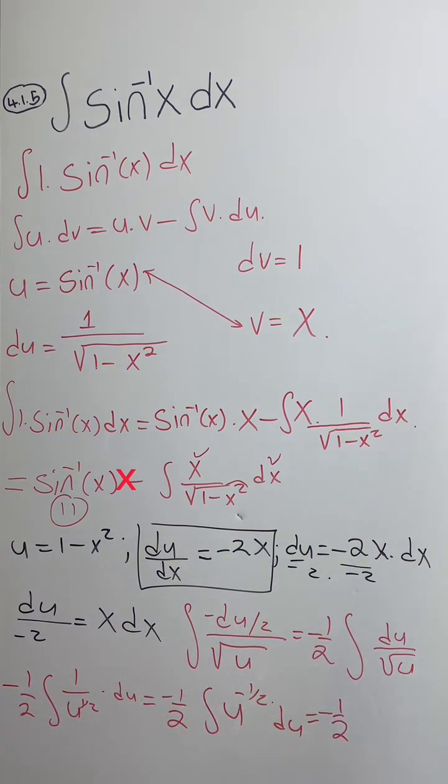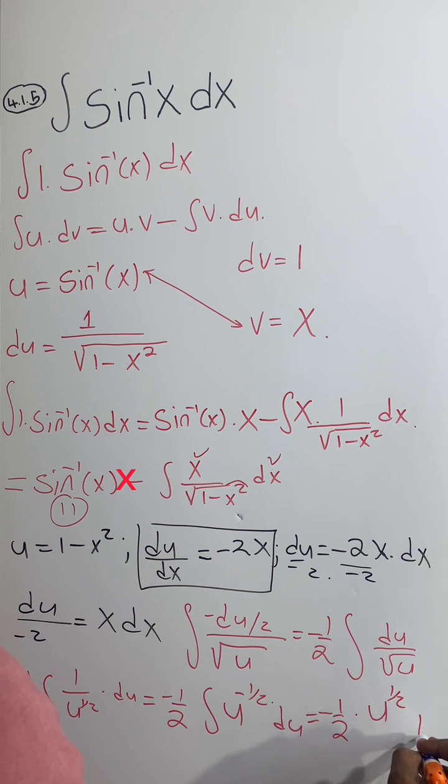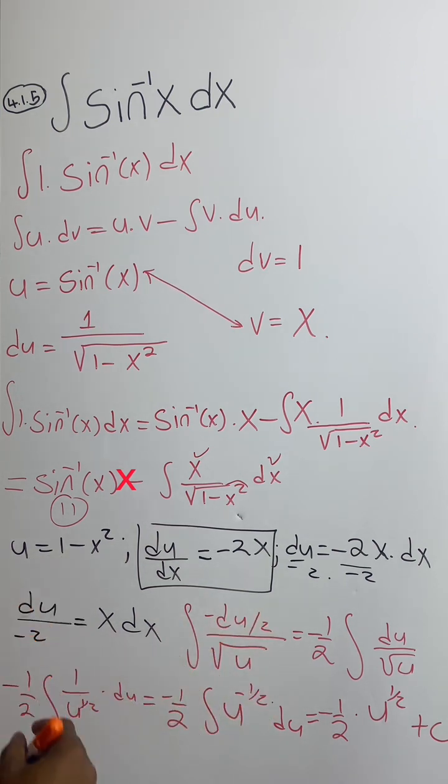So now we integrate u to the power negative 1 over 2, we get u to the power 1 over 2 plus c, and in the place of u, let's substitute back 1 minus x squared raised to the exponent 1 over 2.